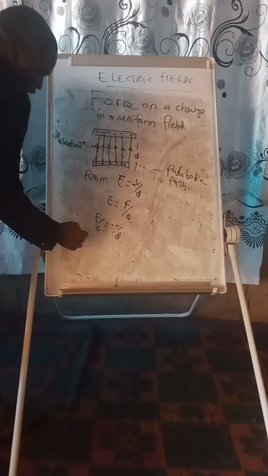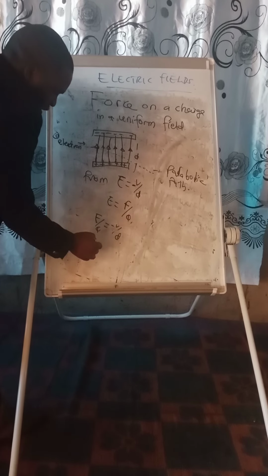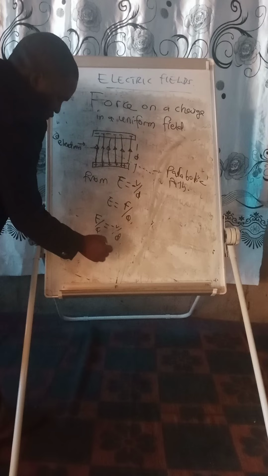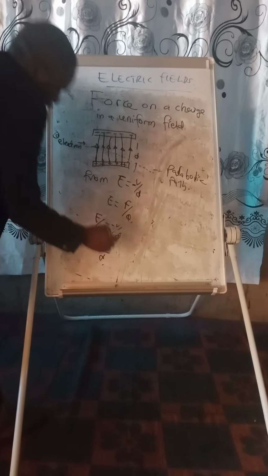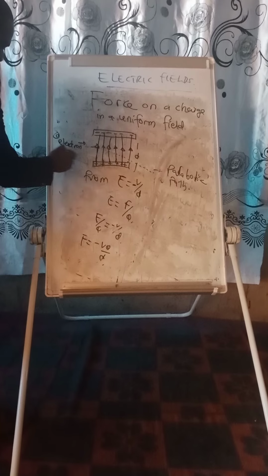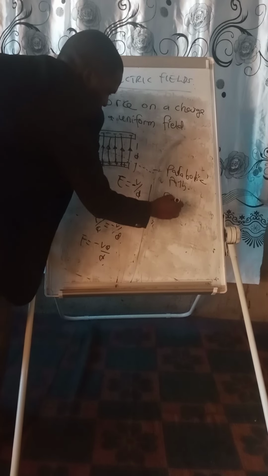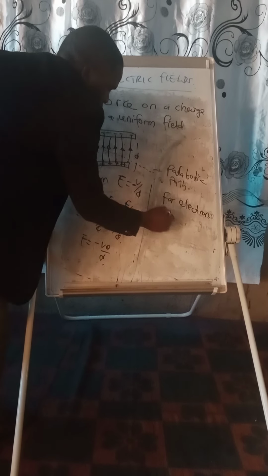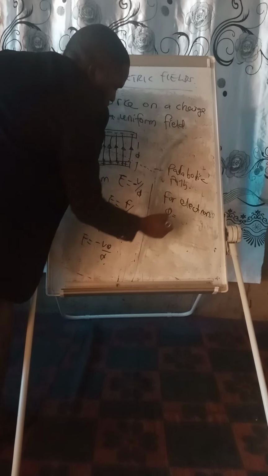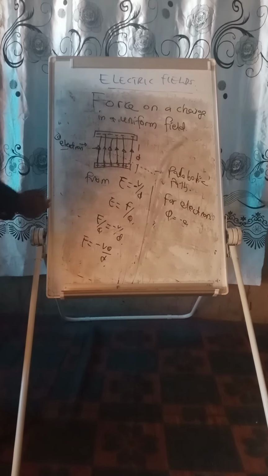So our force here, multiplying by charge on both sides, we found minus V times charge over D. But for an electron, the charge is minus e.